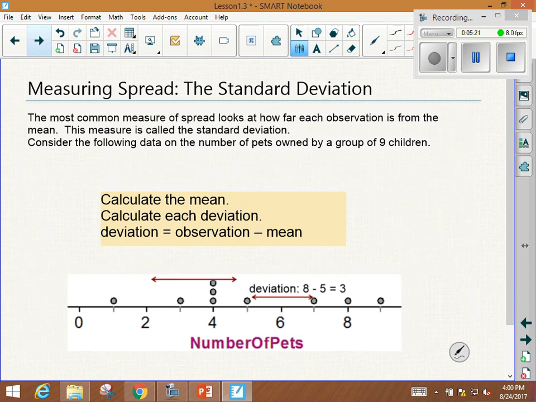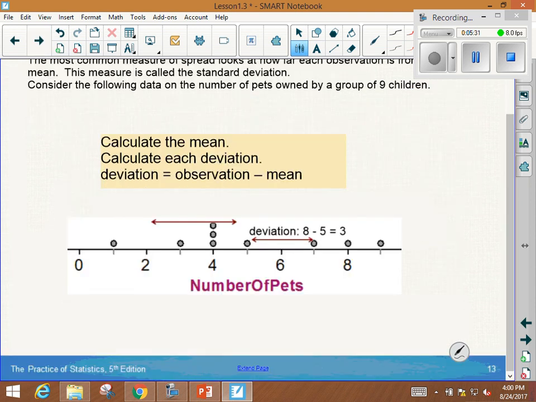So in this case, we're talking about each deviation, right? It turns out that our mean in this case is 5. So our mean, our x bar, is equal to 5. And then we're just showing how to calculate each deviation, right?